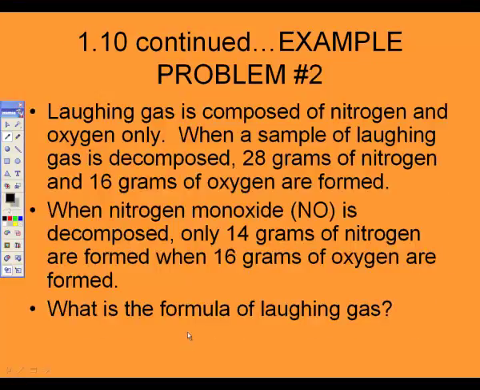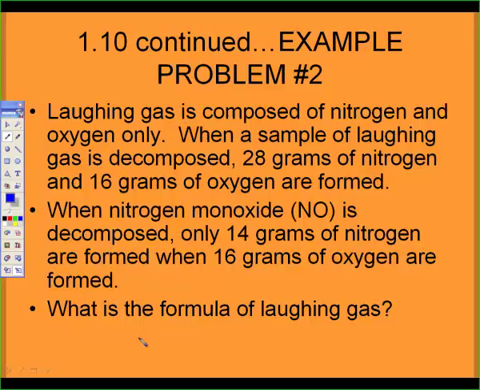Here's example 2. You'll find that this is kind of the same sort of idea. We're just working a little backwards in this example. Laughing gas is composed of nitrogen and oxygen only. When a sample of laughing gas is decomposed, remember that means to fall apart, 28 grams of nitrogen and 16 grams of oxygen are formed. Let's go ahead and write that down.